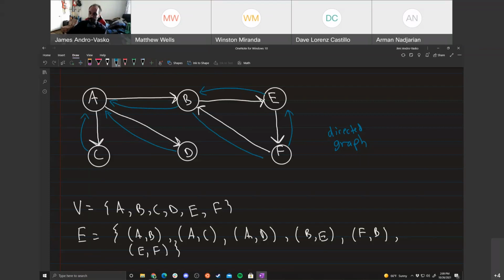If you want to have an undirected graph represented by directed graph notation, you have to have two edges like that. They go to each other just like this. So you have to actually double the set of edges. You have to have A comma B, and then also B comma A, C comma A, and so forth, if you wanted to represent an undirected graph using directed graph notation.